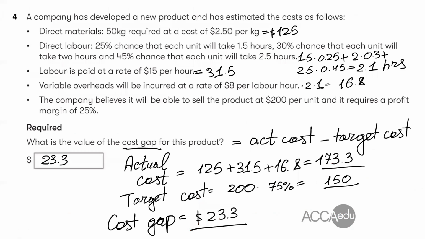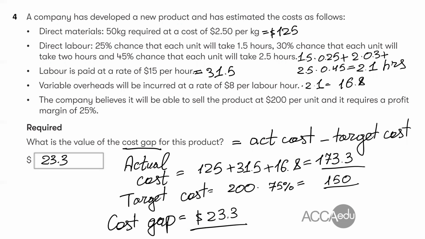Fourth, it's about target costing and closing the cost gap. What is the value of the cost gap? We find the target cost, and then we find the actual cost, and then identify by how much our actual cost is greater than the target cost.